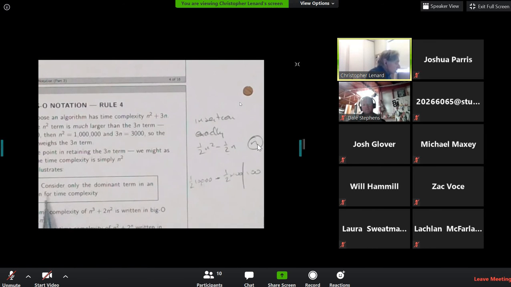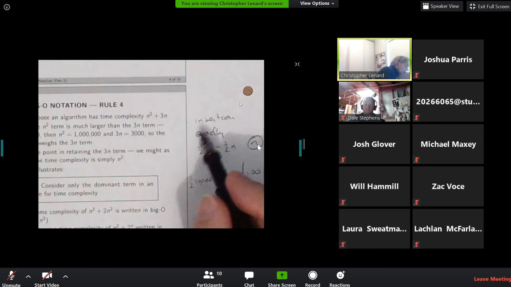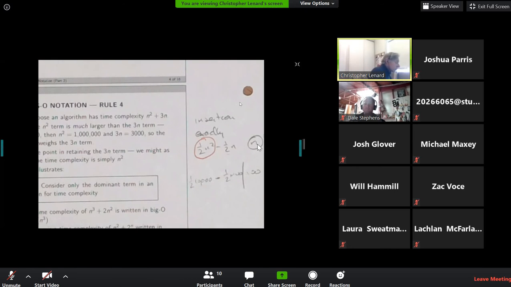That's what's going on here. We're only considering the dominant term. The dominant term in this particular case is the half n squared. So this is why we'd say that this is order n squared, and we don't even care about the half.